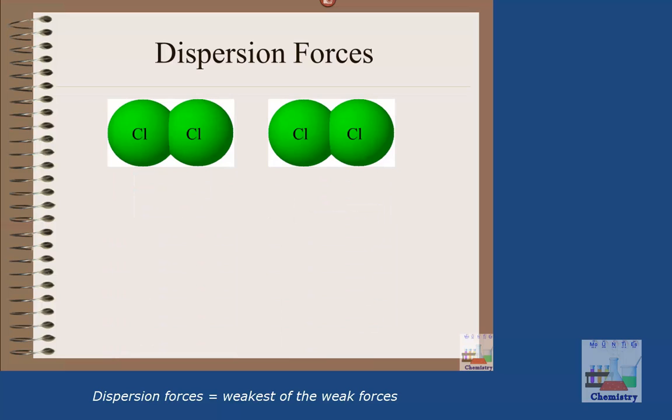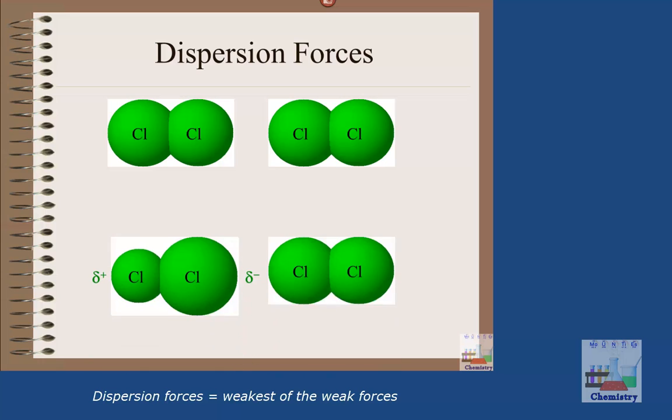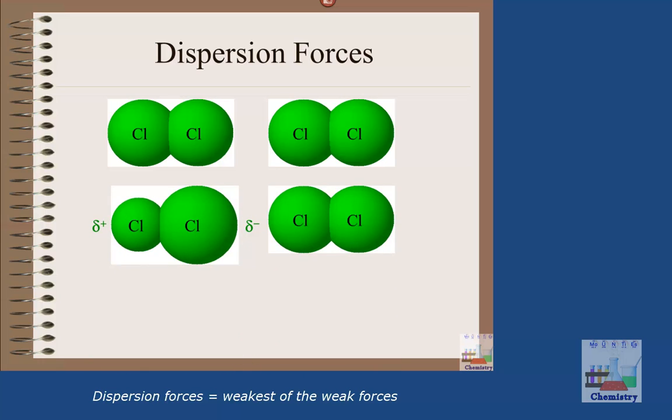So as an example, let's take our chlorine molecules again. Two nonpolar chlorine molecules. As they're moving about and as the electrons are flitting about the nuclei between those two bonded atoms, for an instant, in one of those nonpolar molecules, the electrons may come into alignment. And so we have a temporary dipole created.